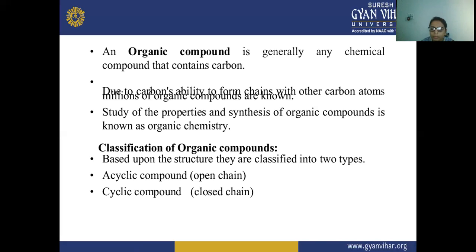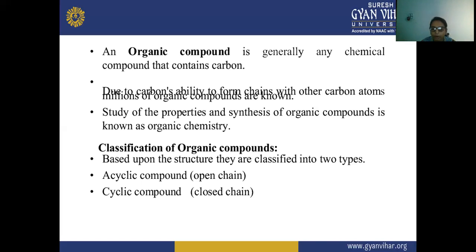We also study the chemical reactions, that is, what chemical reactions they give. So organic chemistry is the science which deals with the study of properties and the synthesis of organic compounds, and carbon has the ability to form chains with other carbon atoms. That is why millions of organic compounds are known.